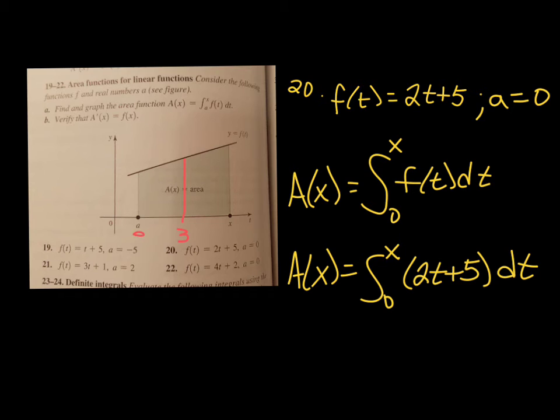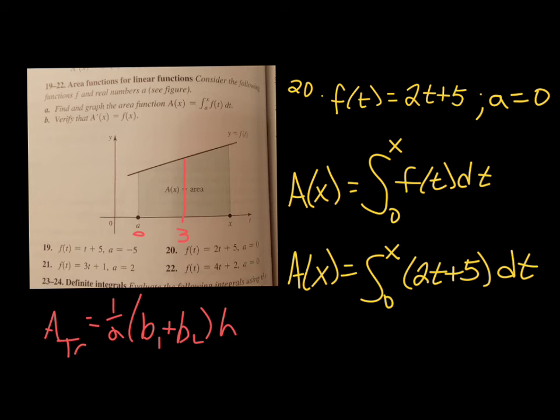Now, what shape does this form? Well, this forms a trapezoid. So, I said this earlier, but you do need to know the area formula for a trapezoid. So what is the area of a trapezoid? Well, that's 1/2. So basically this is saying average out the bases and multiply it by the height.